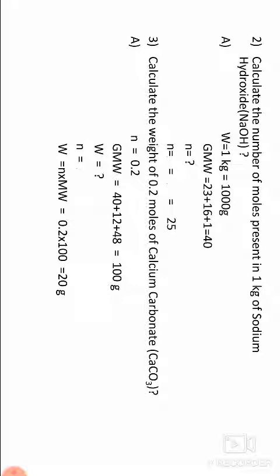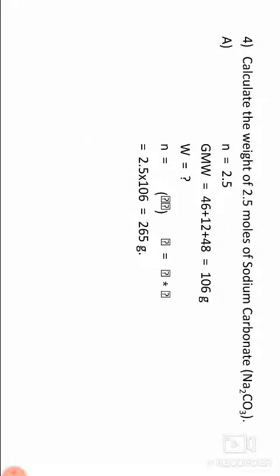These are the separate values of calcium carbonate: calcium is 40, carbon is 12, one oxygen 16, three oxygens 48, total 100. 0.2 into 100 equals 20 grams. The weight of calcium carbonate is 20 grams.